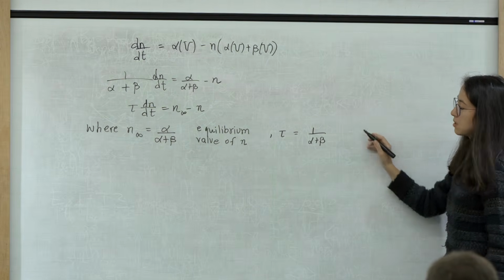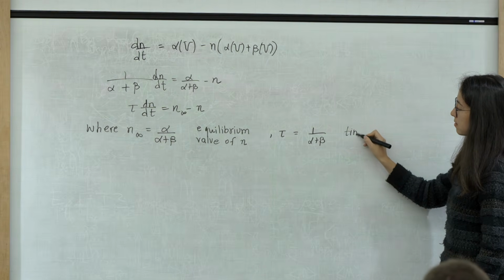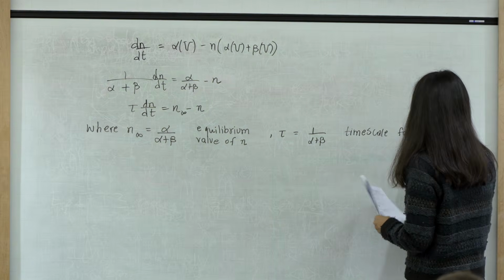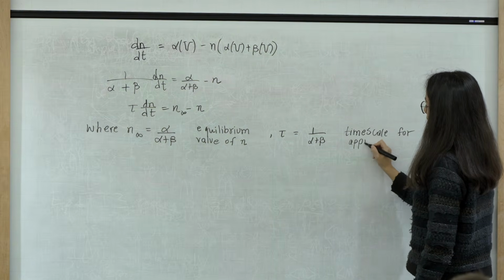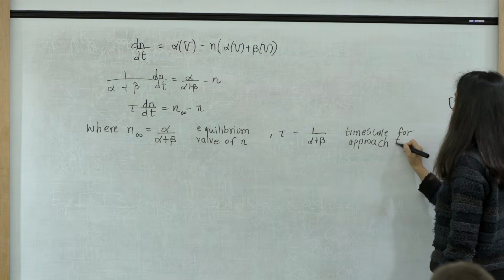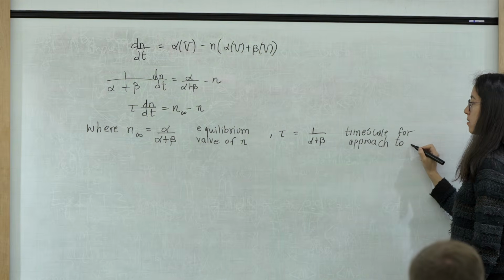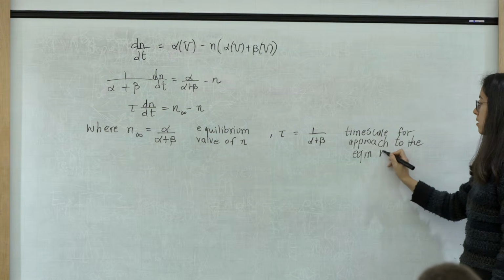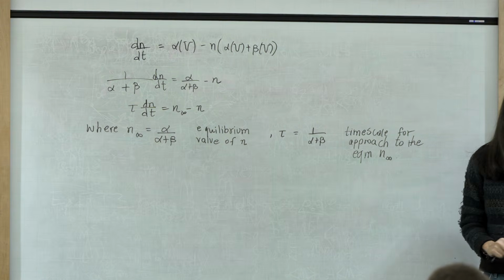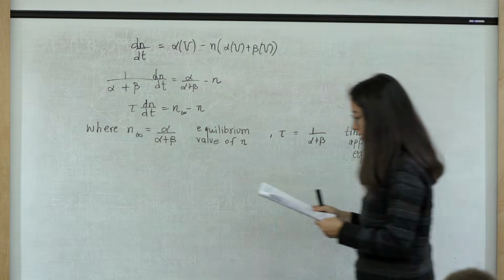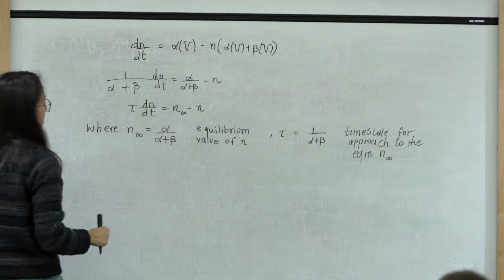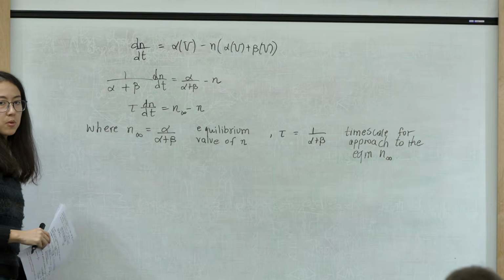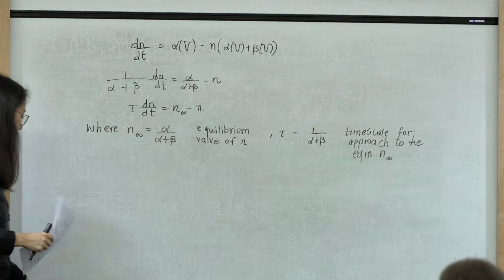And this corresponds essentially to the time scale for approach to the equilibrium n infinity. And basically, these values here are determined experimentally, so you don't have to worry about how you're computing them mathematically.